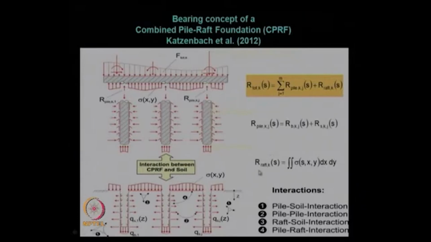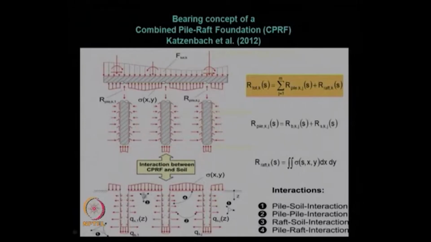And for the raft, how do you get it? You get it by integrating the stress over the area in the xy plane. So, what are the interactions occurring? These are zone 1, zone 2, zone 3 and zone 4. Zone 1 represents the pile-soil interaction. Zone 2 represents pile-to-pile interaction, one pile to another adjacent pile.